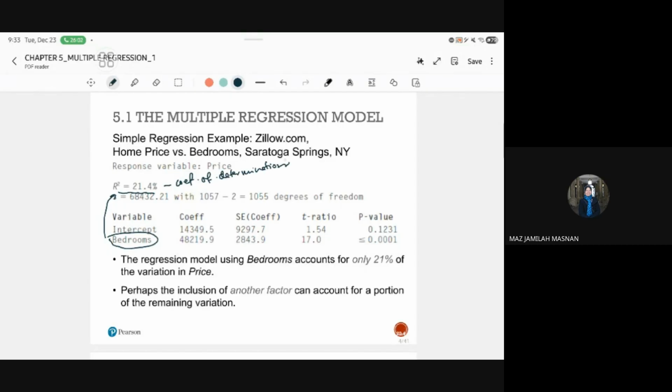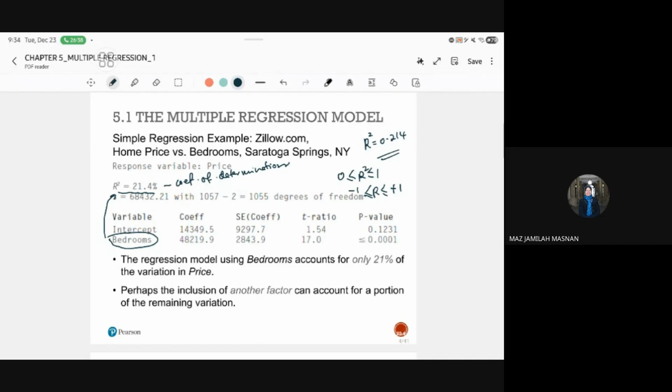Class, the value of 21.4% is already in percent, so in the original data it will be 0.214. R squared ranges from 0 to 1, and R from -1 to +1. So remember that.